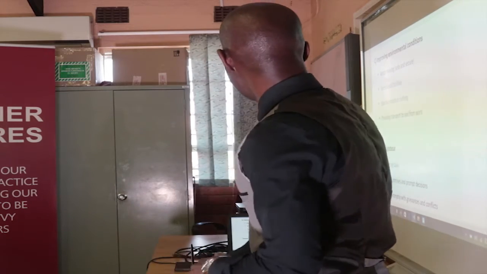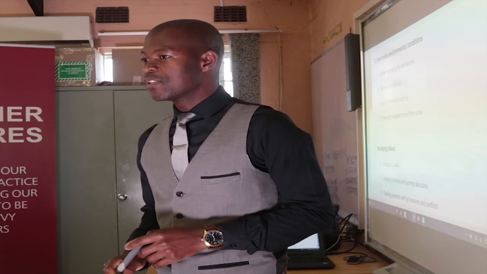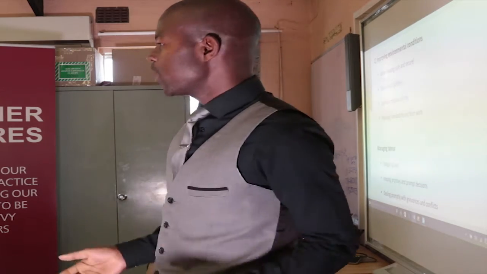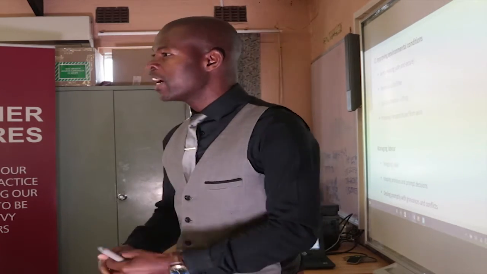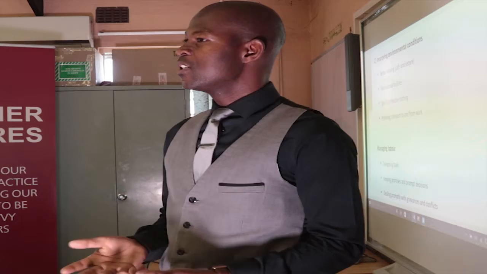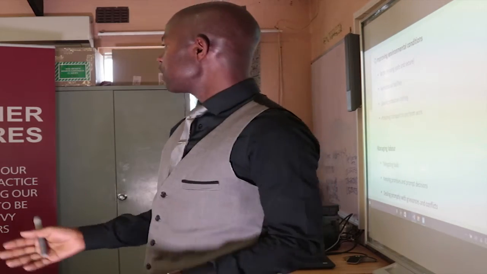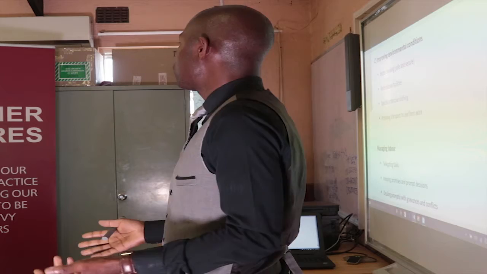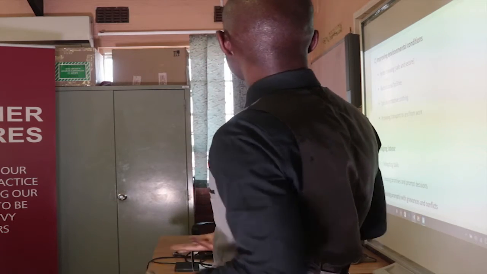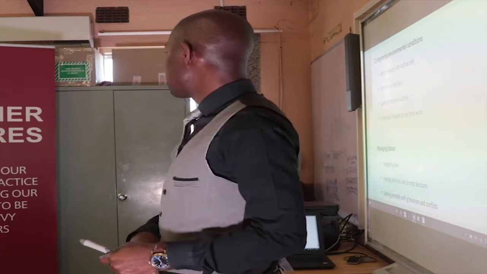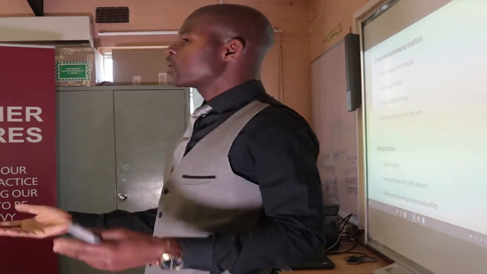But also you need to have recreational facilities. You need to have a place where they will sit after a long day's work and chat. Maybe you have a pool table, maybe a soccer field where they will stretch after a long day's work. But also you need to give them special protective clothing.